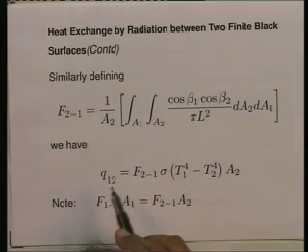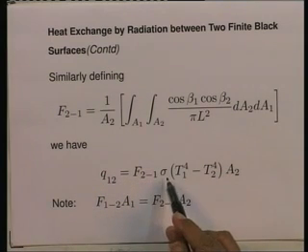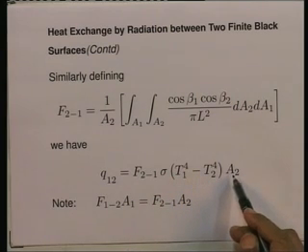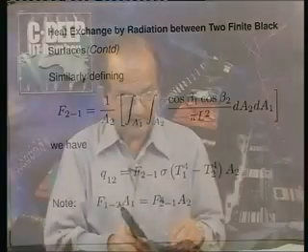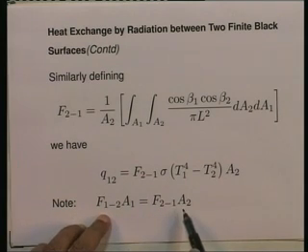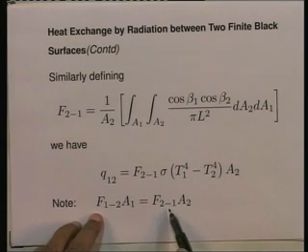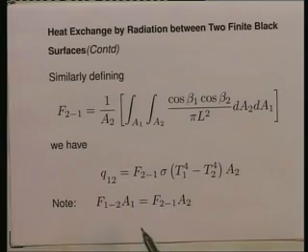And we could therefore say q 1 to 2 is equal to F 2 to 1 sigma (T 1 to the power of 4 minus T 2 to the power of 4) multiplied by A 2. And we should note again, like we did earlier, that the two shape factors F 1 to 2 and F 2 to 1 are related by a reciprocal relation. F 1 to 2 A 1 is equal to F 2 to 1 A 2. All right, keep this in mind, that is a reciprocal relation relating the two shape factors. They are not two independent quantities.